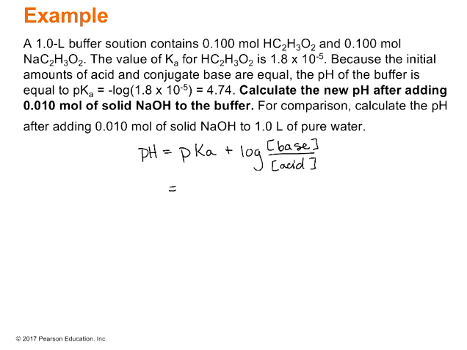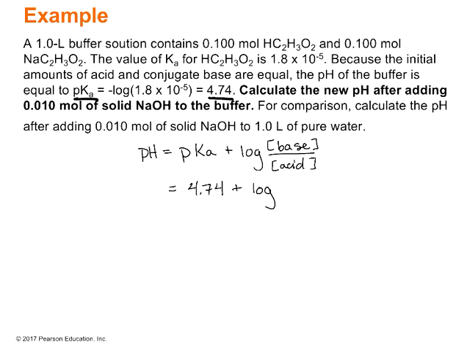All right, so up above in our problem here, we were told that the pKa of this buffer is 4.74. So we're going to plug that in. And then we're just going to plug in those mole amounts that we calculated, because again, the volume is the same for both the base and the acid, so they essentially cancel out.